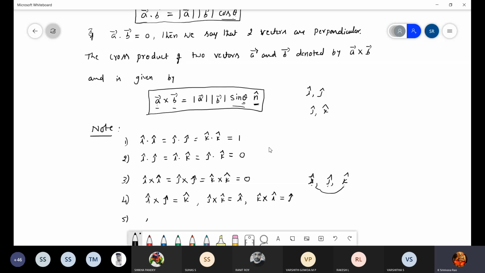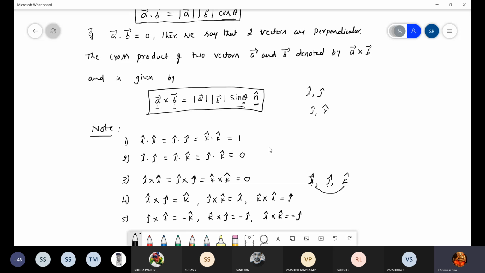What about j cross i? Minus k. Same answer, but negative. Similarly, k cross j is minus i, and i cross k is minus j.